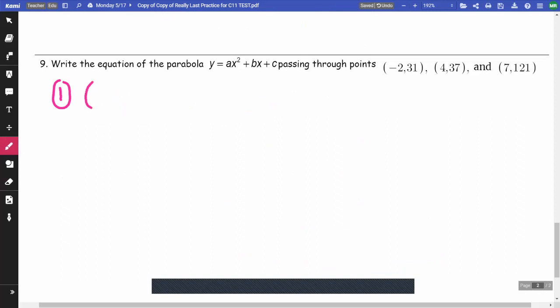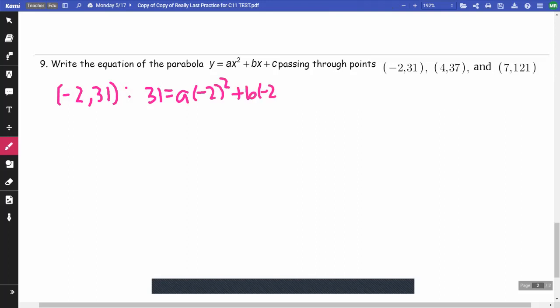Here, I'll just do it color coded. So negative 2, comma, 31 is going to give me 31 is equal to a times negative 2 squared plus b times negative 2 plus c, which is 31 equals 4a minus 2b plus c.